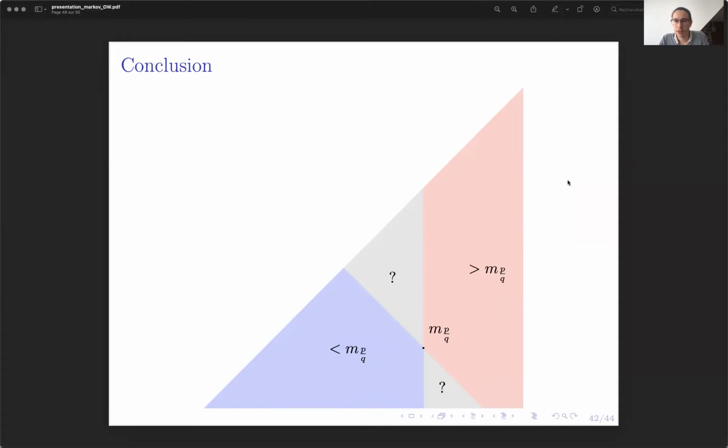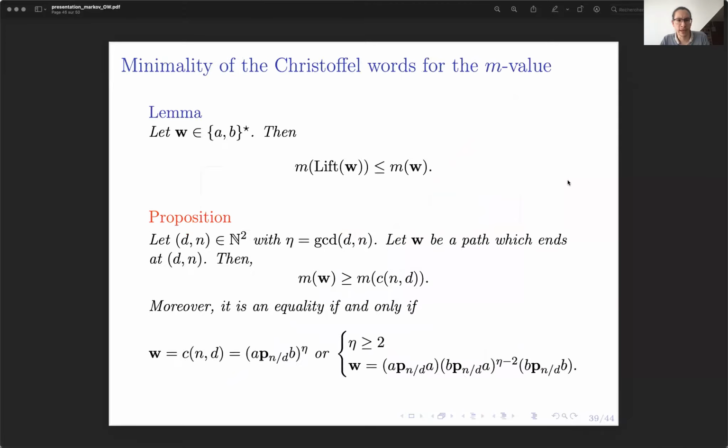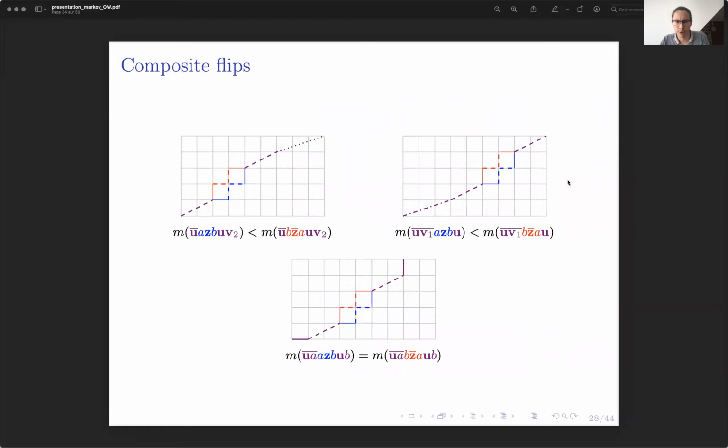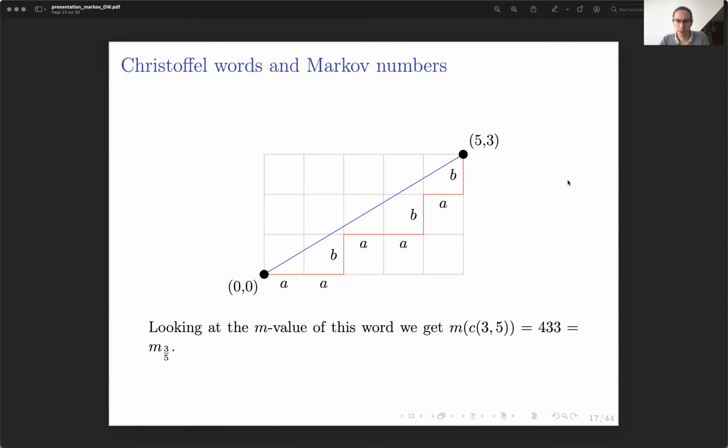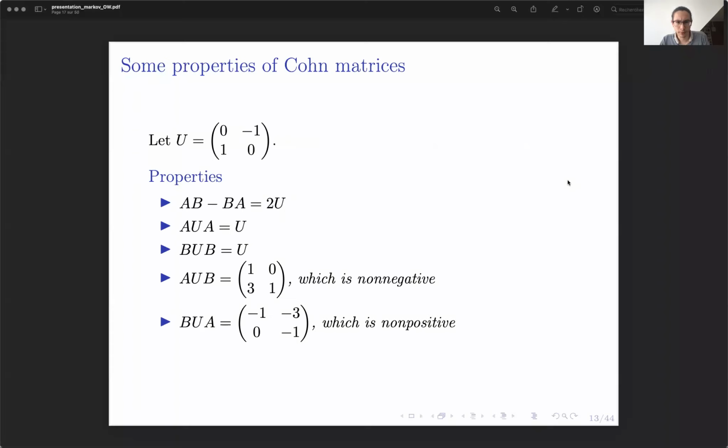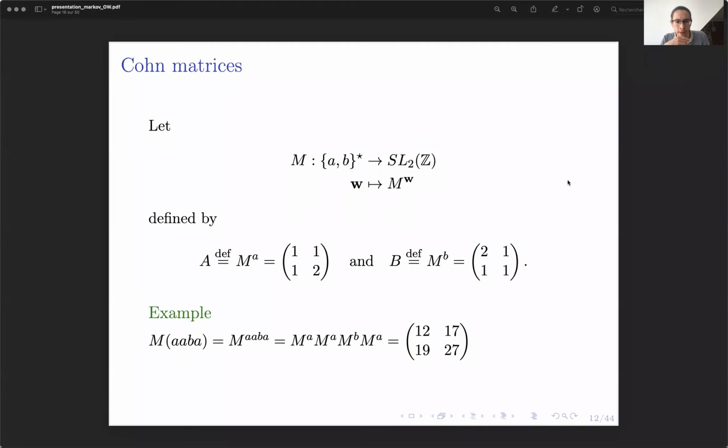Mm-hmm. But from what I remember, your matrix B, the one that you use to map B to some number, is AB, or something like that. I'm not sure, but I believe it was something like that. If you take AB, it's quite similar to yours. But do you obtain the same set of numbers? No, because we don't have.